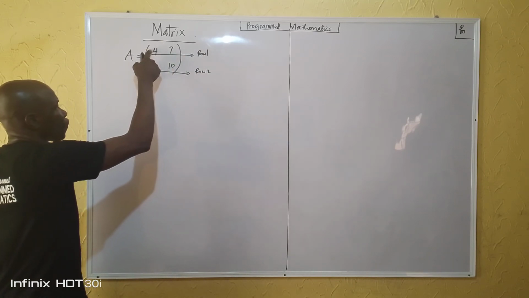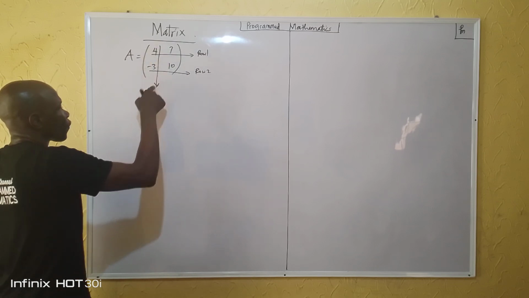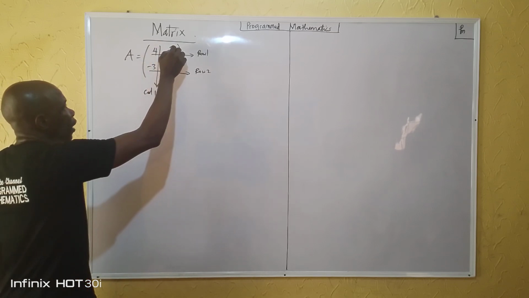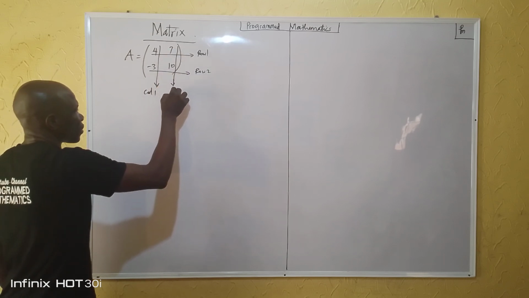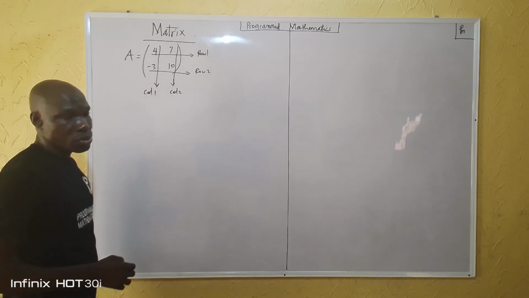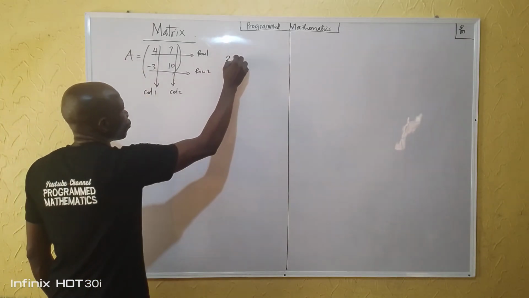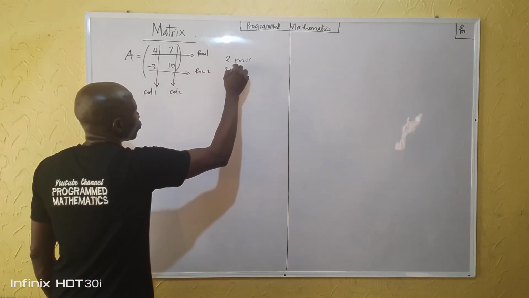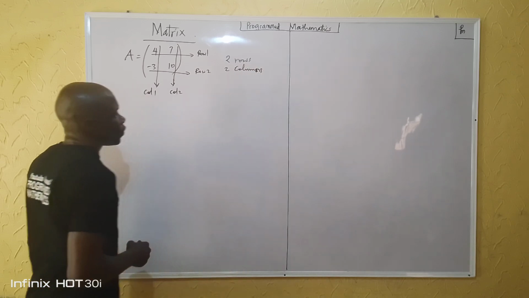So in this case, 4 and minus 3 form the first column, that's column 1, and 7 and 10 form the second column, that is column 2. So this matrix A has 2 rows and 2 columns.